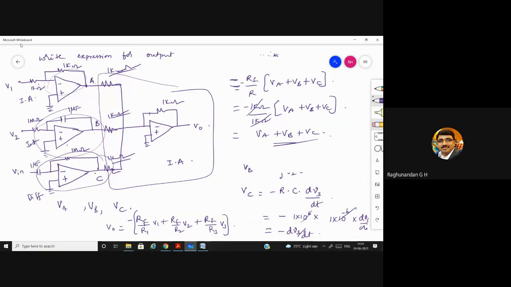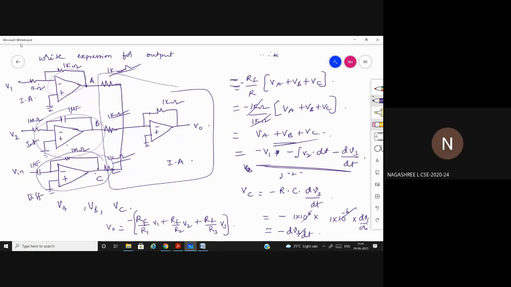You can stop at this or substitute it. So VA is equal to minus V1, VB is equal to minus integration V2 into dt, and VC is equal to minus dV3 by dt. So this is the equation which we have.